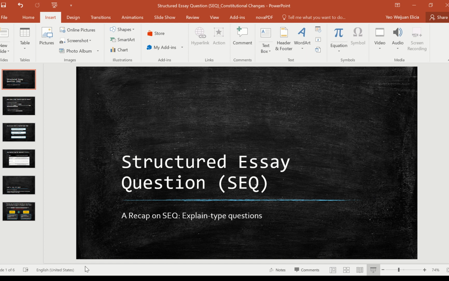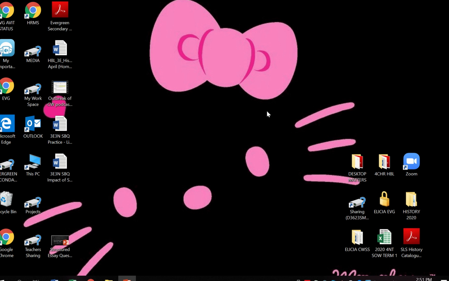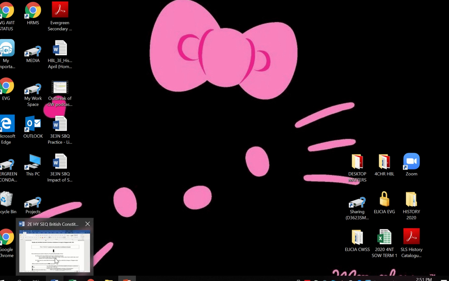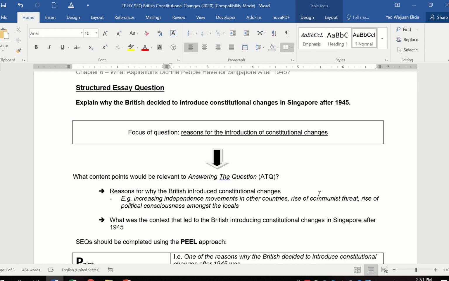So let's take a look at the handout and go through this particular question together. We have given you a sample response, and let's look through the sample response together.